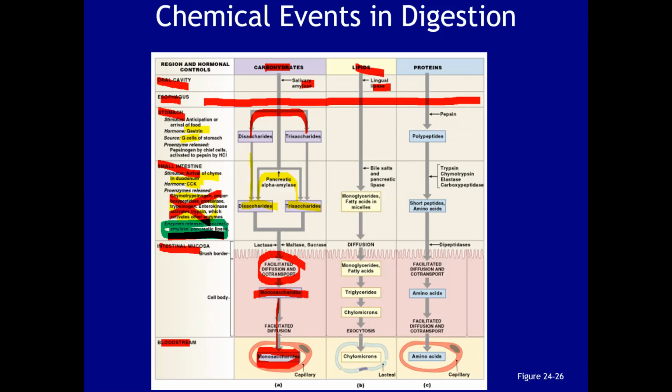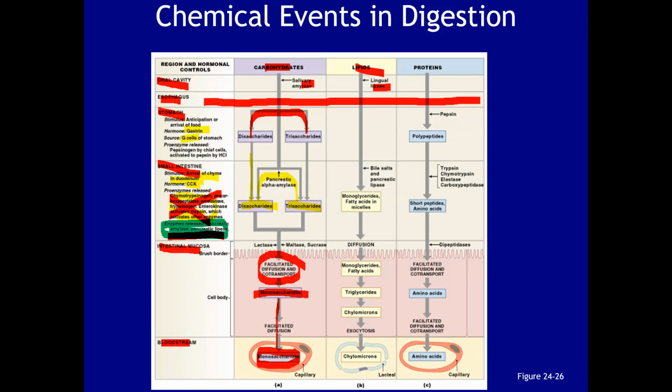All right? So that's pretty simple for carbohydrates. Because remember, you learned this before, what happens to disaccharides and trisaccharides? They're broken down into monosaccharides, and they go into your bloodstream.